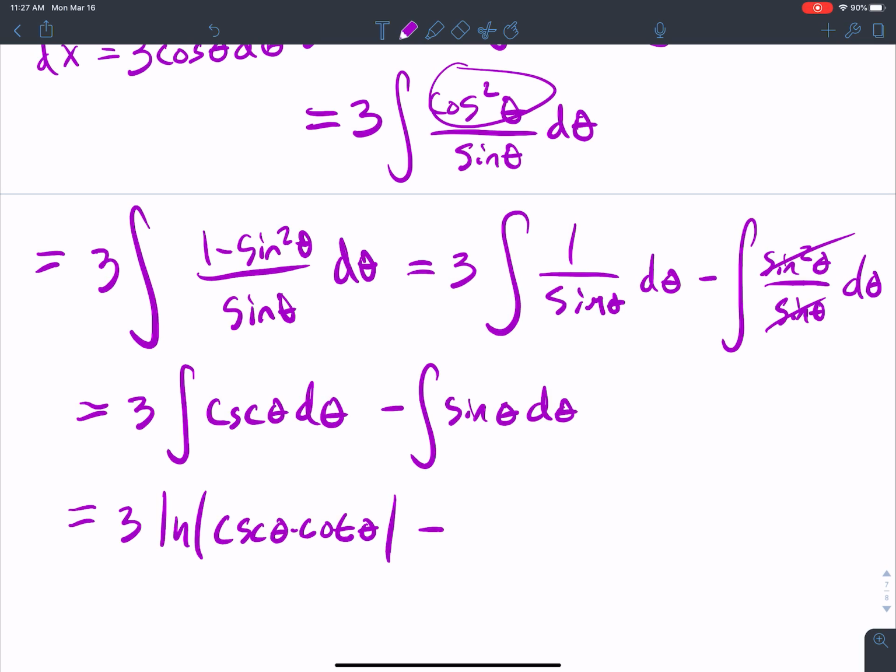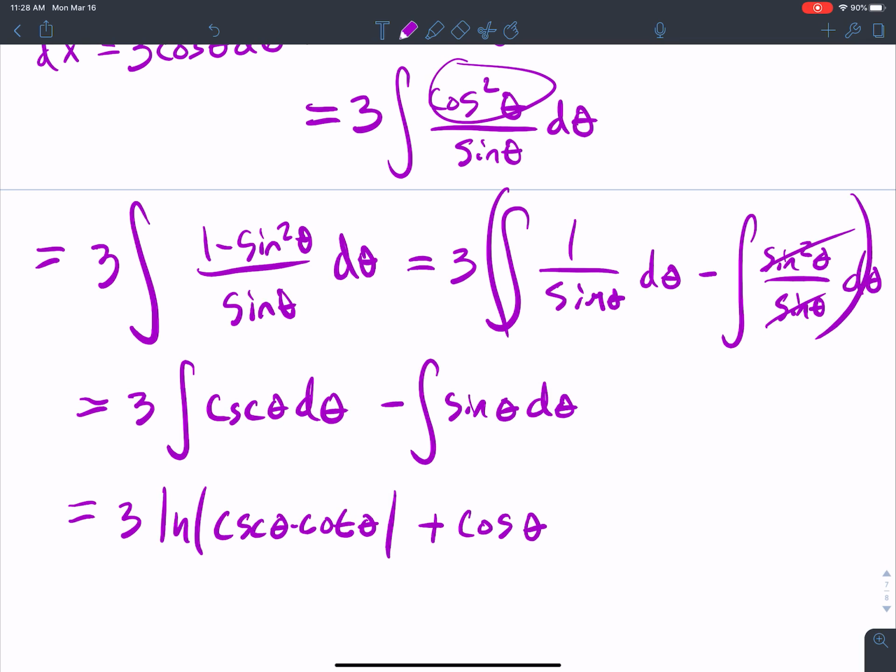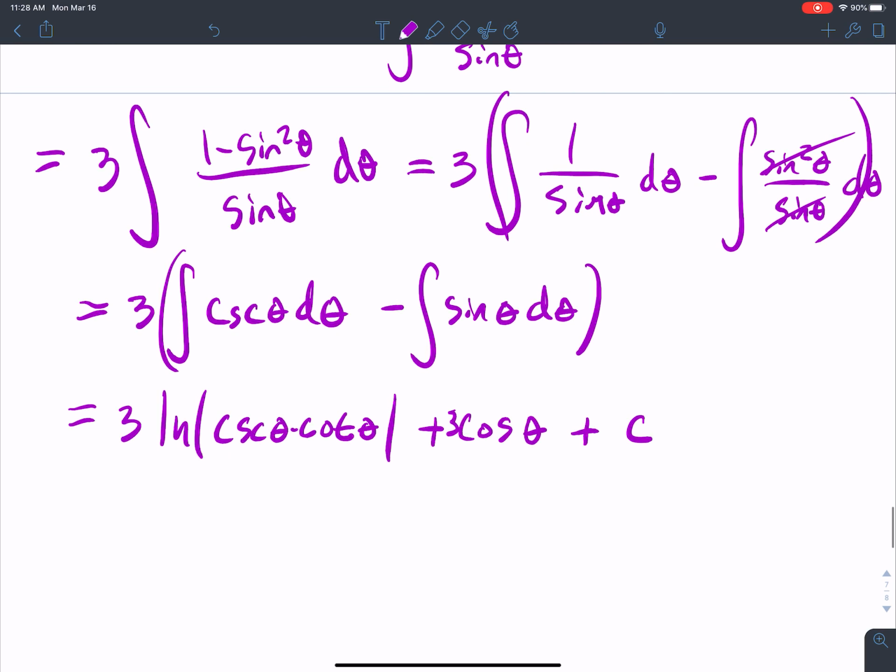That's positive cosine, right? So minus, minus is a plus cosine theta. Oh wait, this 3 actually transfers to all of them. So that's going to be 3, and then plus c.